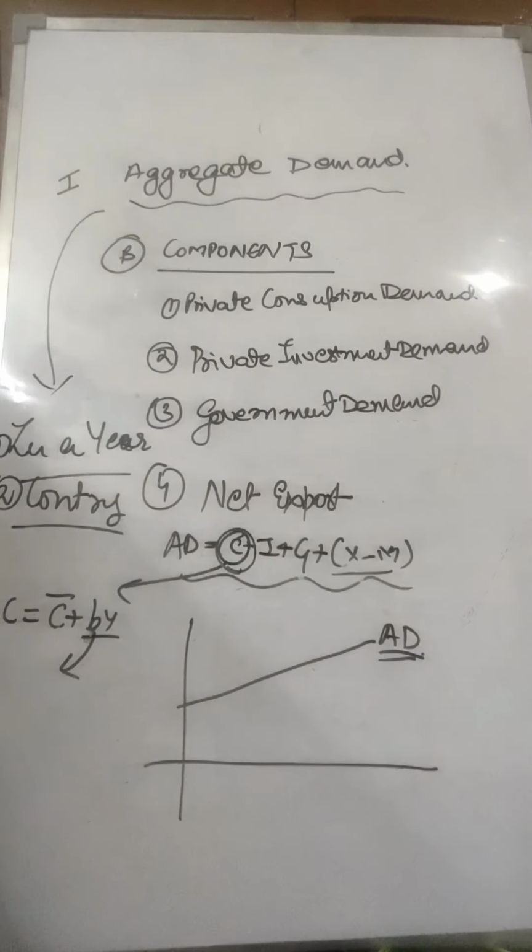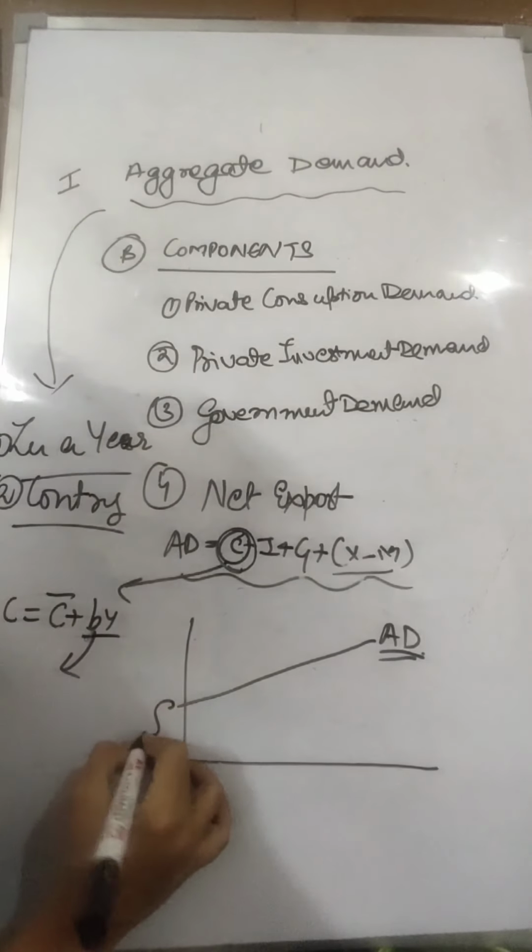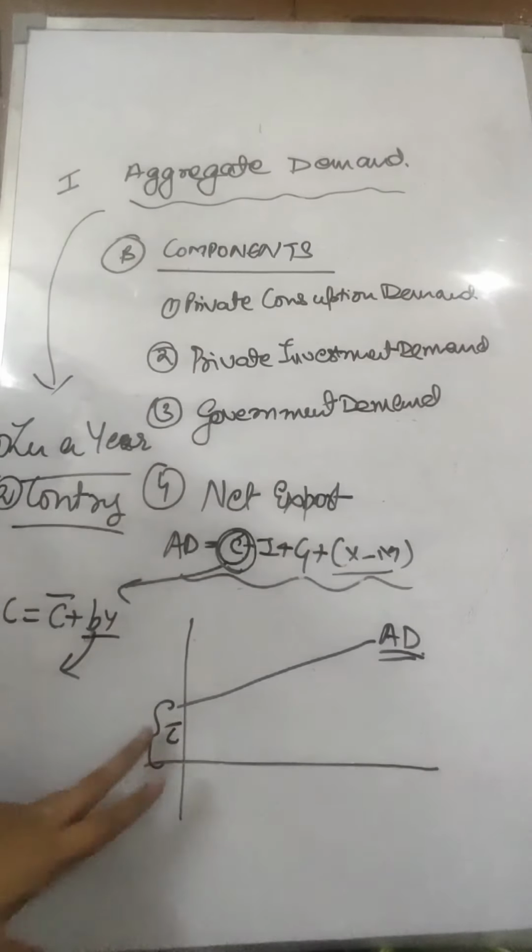If I am living on the road also, I require something to eat. That is my basic requirement. So even if I'm not having any income, I will have to feed myself. That is my C bar, my autonomous consumption, and that level is fixed. That's why we mark it as C bar.